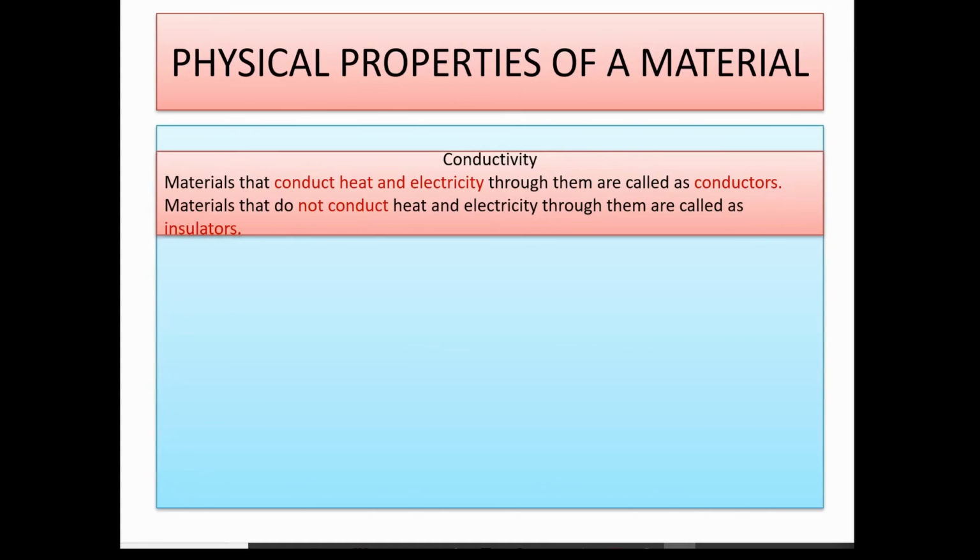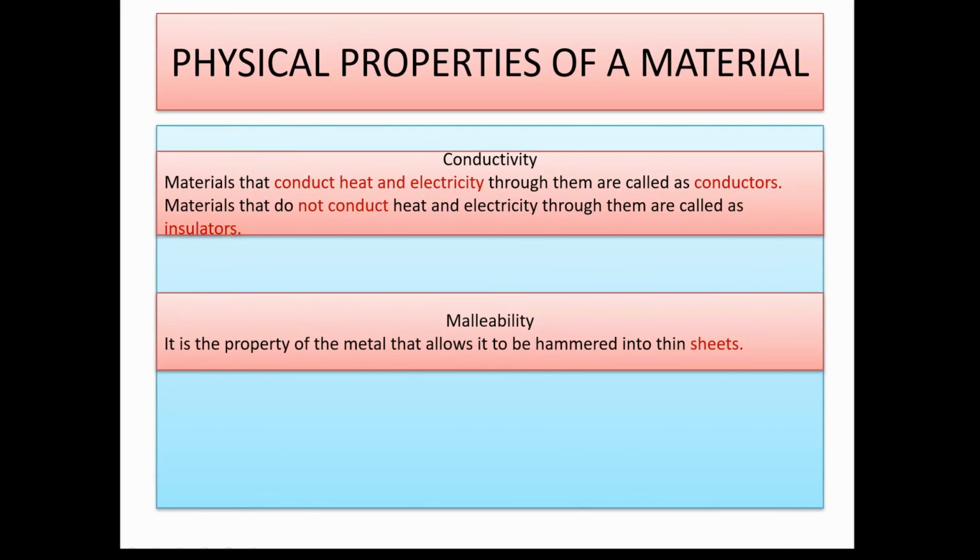These materials are called insulators. Why? Because bakelite and wood do not allow heat and electricity to pass through them. They do not conduct heat and electricity, and these materials are called insulators. I hope it's clear.